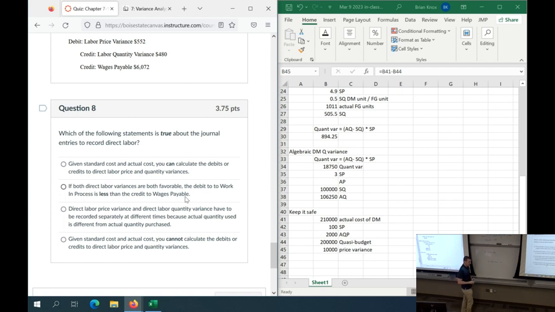So we had a favorable variance, meaning we spent less than we expected. It's going to be a credit to these variance accounts because they're expense accounts. It means the expense accounts are going down. They're counteracting other expenses. So we have a credit and a credit of some unknown quantity, Z1 and Z2, to the quantity and price variance accounts.